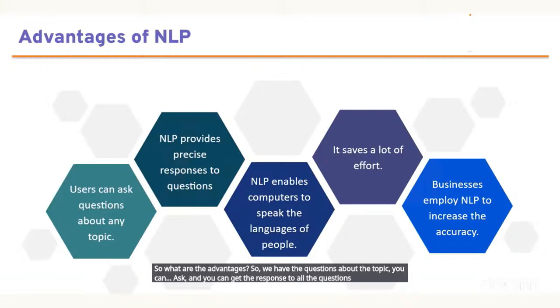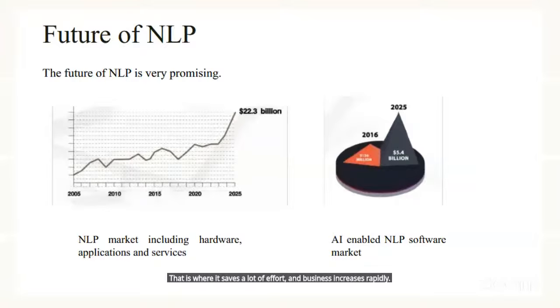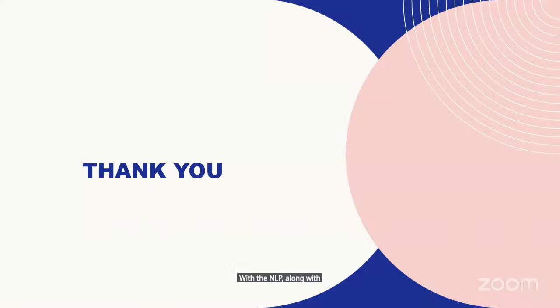This NLP enables the computer to speak our own language. That is where it saves a lot of effort and business increases rapidly. And the future of NLP is definitely promising. We have a lot of things in the software market to come with the NLP along with the AI.